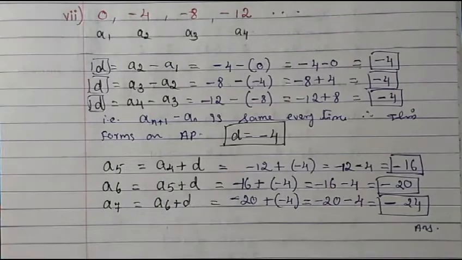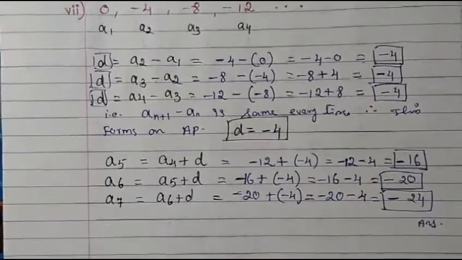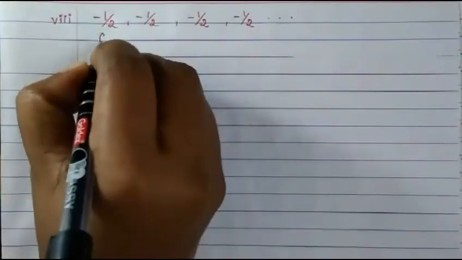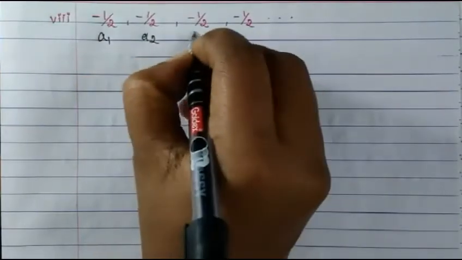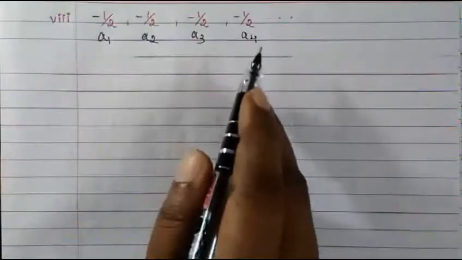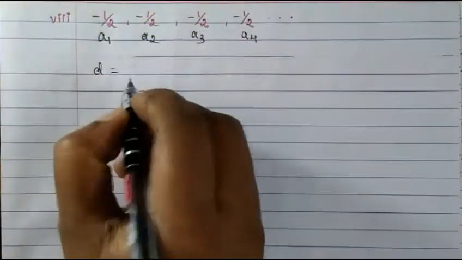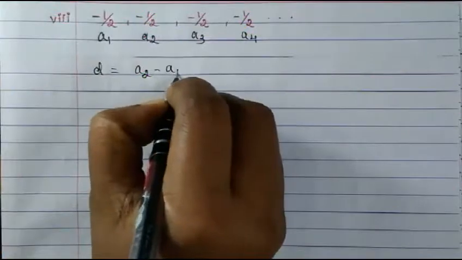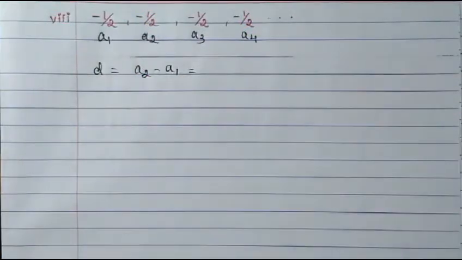Now let's see the 8th one. We have to check whether it is an AP or not. This is A1, A2, A3, A4. For that we have to find the D value. From A2 we have to subtract A1.